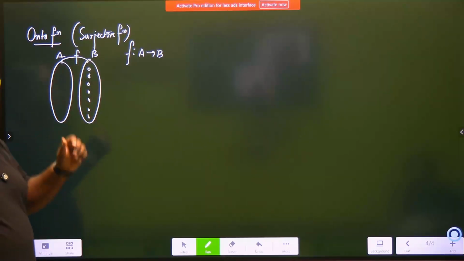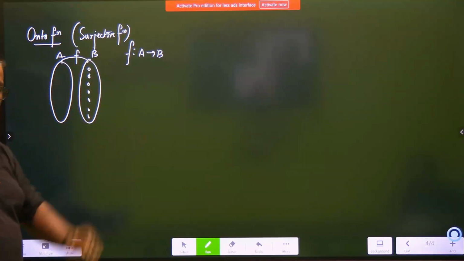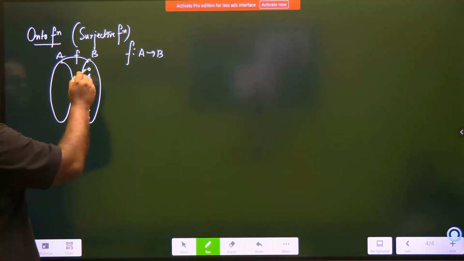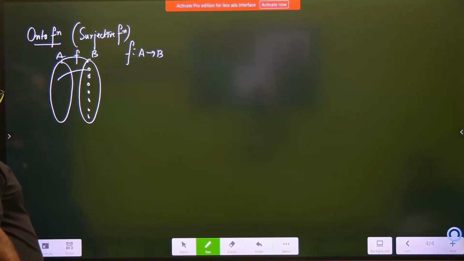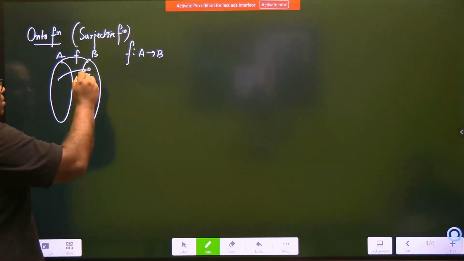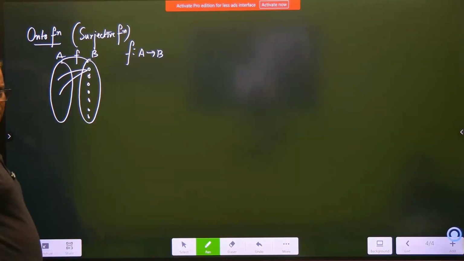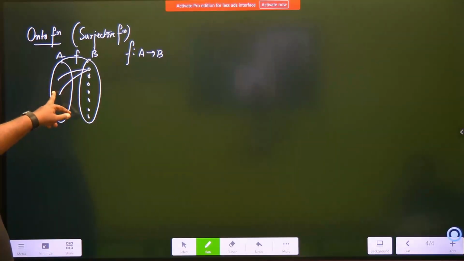Means the codomain should be completely used up. Are you understanding? So this has to find a mapping here, right? This can be mapped to another one also. That's possible. At least one.